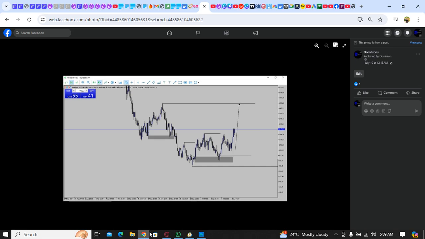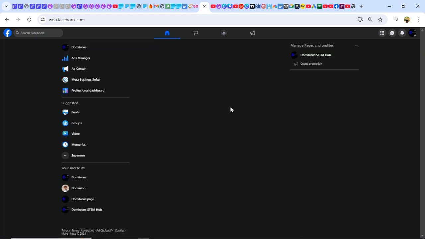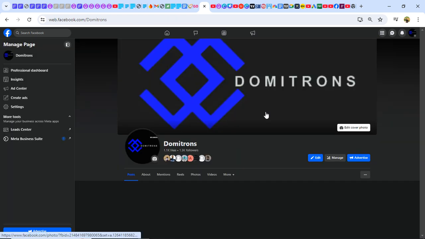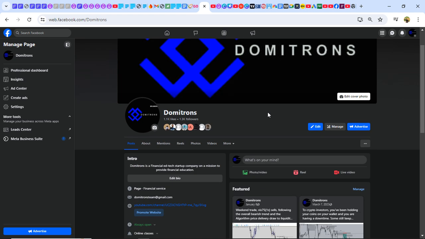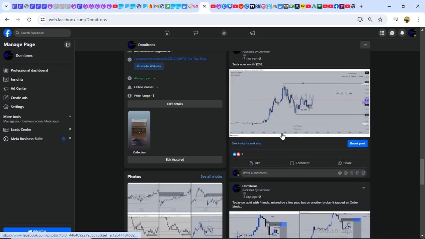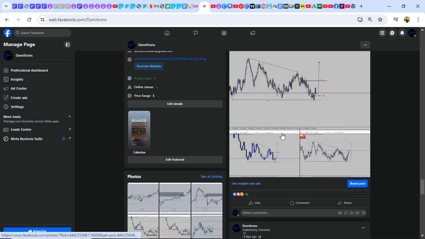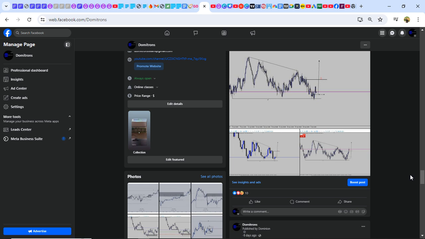So the next one is Step Index. Okay, so those are the two pairs that we shared today on synthetic indices. Alright, so this is the Step Index right here.